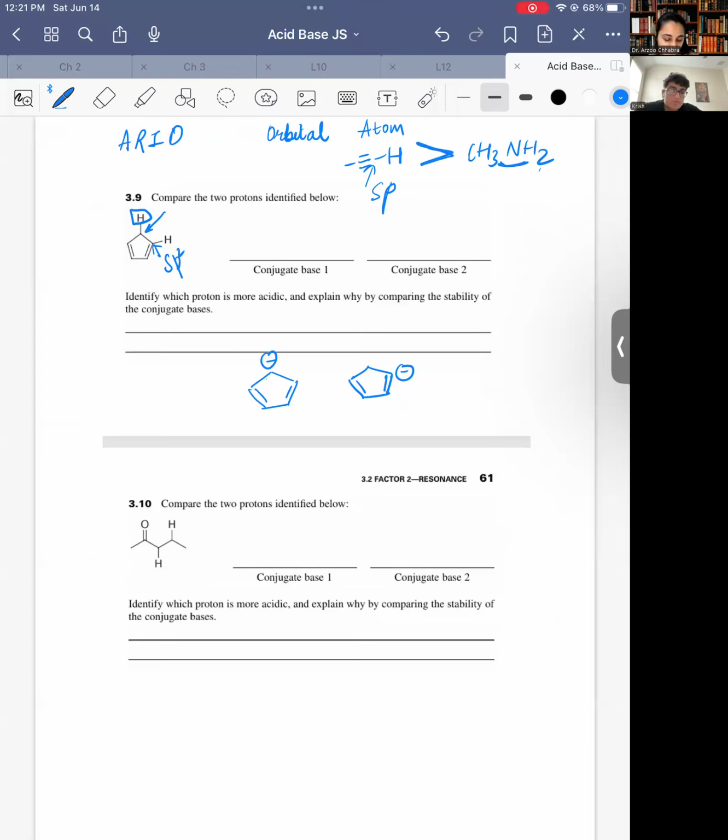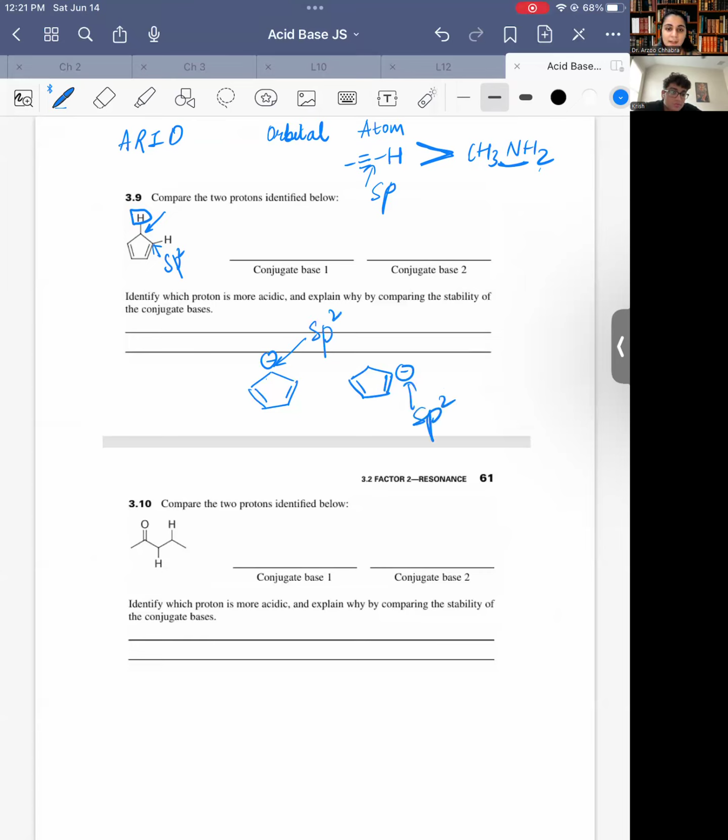Here's what I wanted to mention, that this is important. I think we didn't cover the hybridization concept, but over here we are thinking that it's sp3 with the negative charge. Actually, the hybridization here is sp2. The hybridization over here is also sp2.